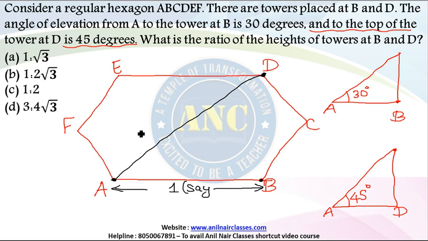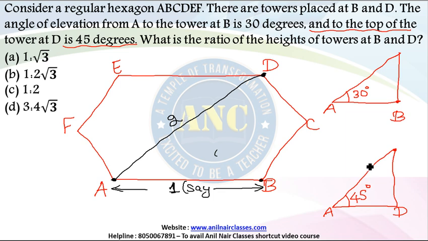That means the upper portion is equal to the lower portion. If AB is 1 unit, the diagonal will become 2 units. This is the property of a hexagon which we have studied in geometry and mensuration. Let us not worry about it at this point of time.